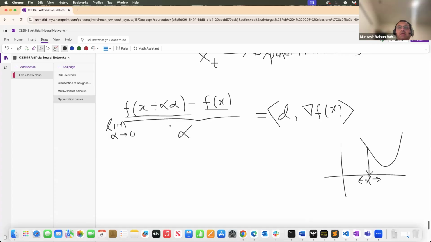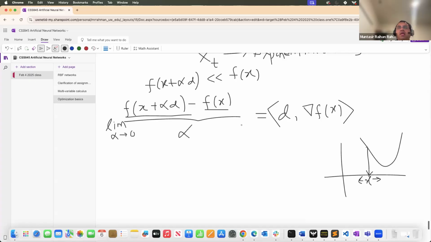Because I want f of x plus alpha d to be much smaller than f of x, which means that I want this to be a negative value.